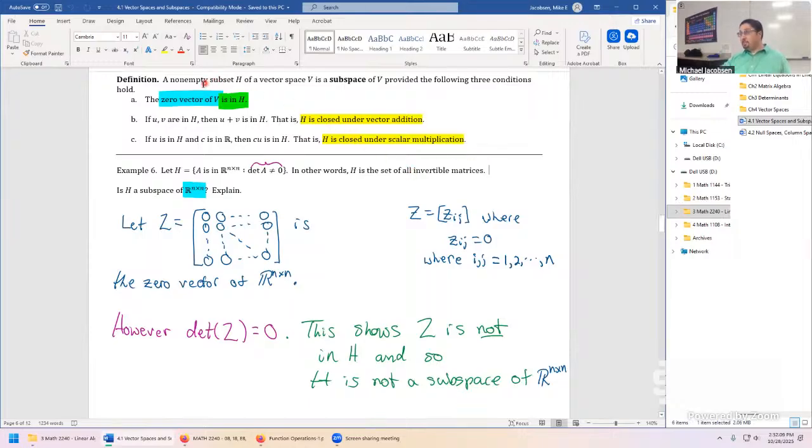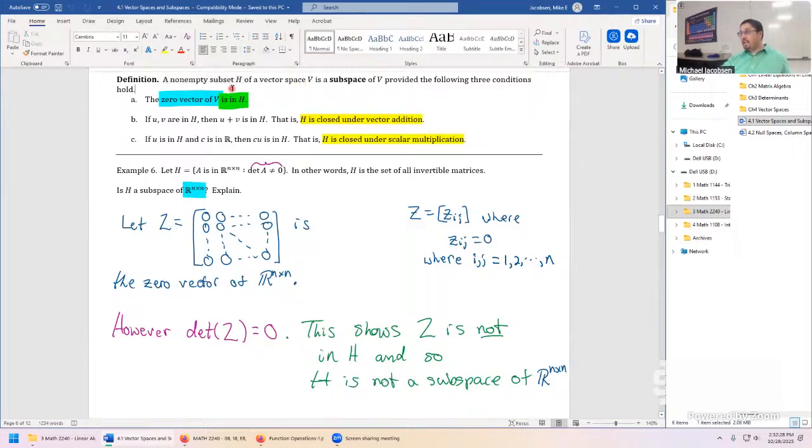And now the major topic we're going to look into to finalize section 4.1, it's kind of a big section, is subspaces. The idea of a subspace is you have a non-empty subset of vectors that came from an original vector space V that's verified to be a bona fide vector space.